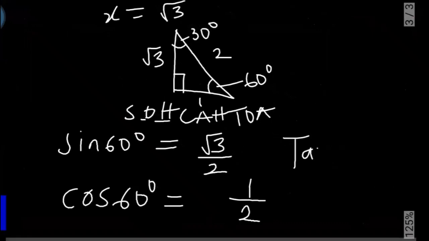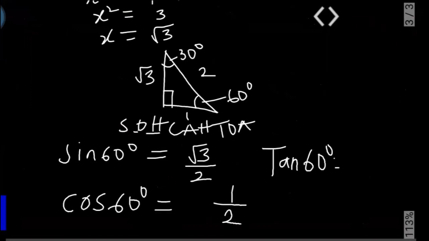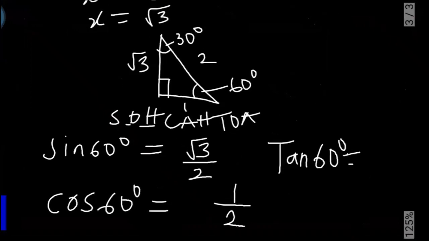Tan 60 would be opposite over adjacent. Since we are considering angle 60, our opposite side is root 3 and our adjacent side is 1. So tan 60 is root 3.